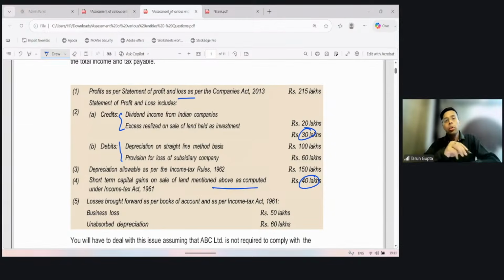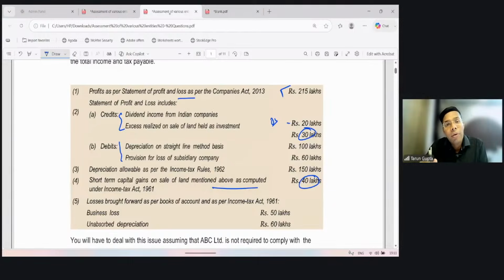So we will first compute the income under the normal provisions. We'll start with 215 lakh. Then dividend is taxable under the head other sources. We will reduce it while computing the PGBP and include it under the head other sources. This excess 30 lakh rupees is again reduced for PGBP income, and the 40 lakh short-term capital gain shall be taxable under the head capital gain.